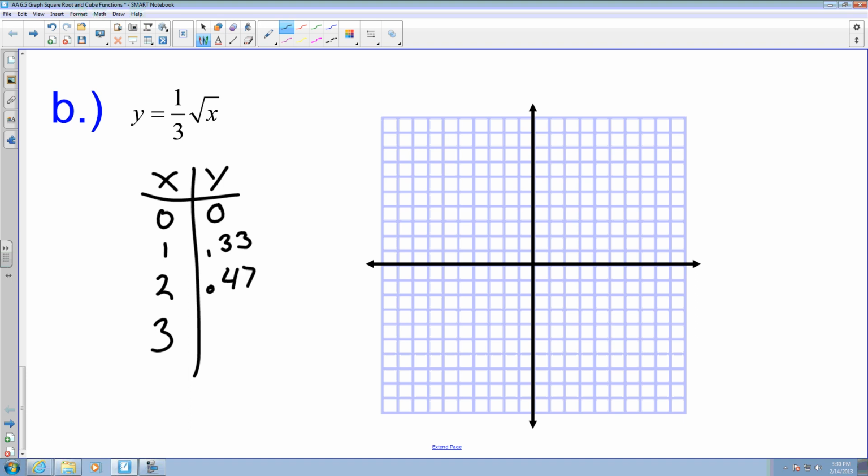And if my x is 3, it'll be like 0.57. So it's not going to rise up too quickly. So if I go 1, 0.33, 2, 0.47, 3, something like this. It's kind of a slow mover that'll rise up. But my domain here will have to be x is greater than or equal to 0. My range here will be y is greater than or equal to 0.